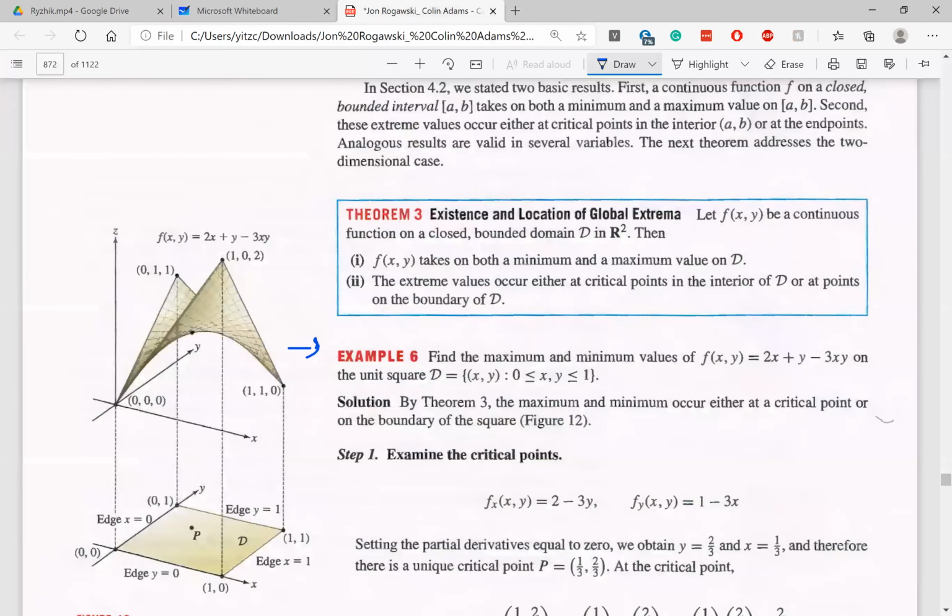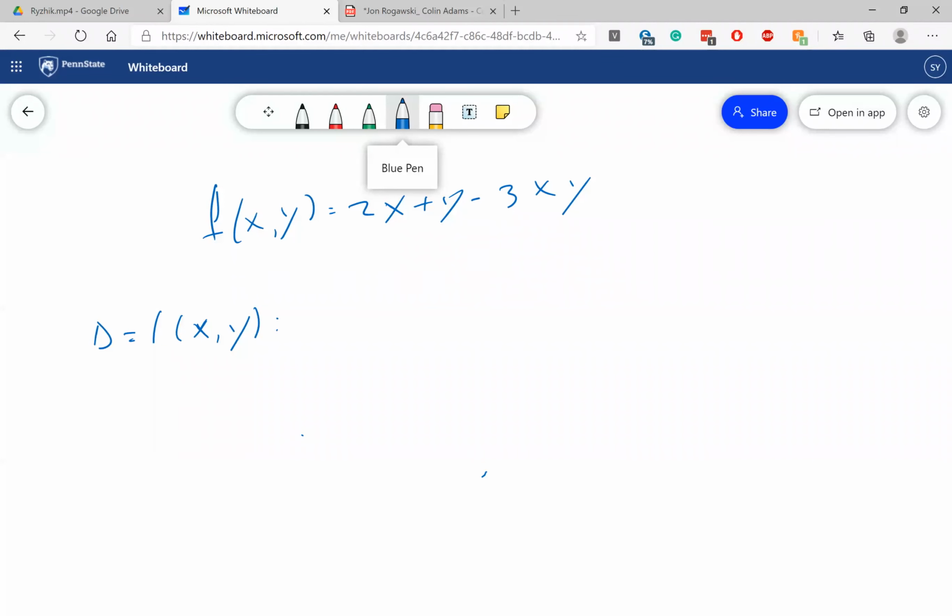So we're on the unit square: 0 is less than or equal to x, less than or equal to 1, and 0 is less than or equal to y, less than or equal to 1.